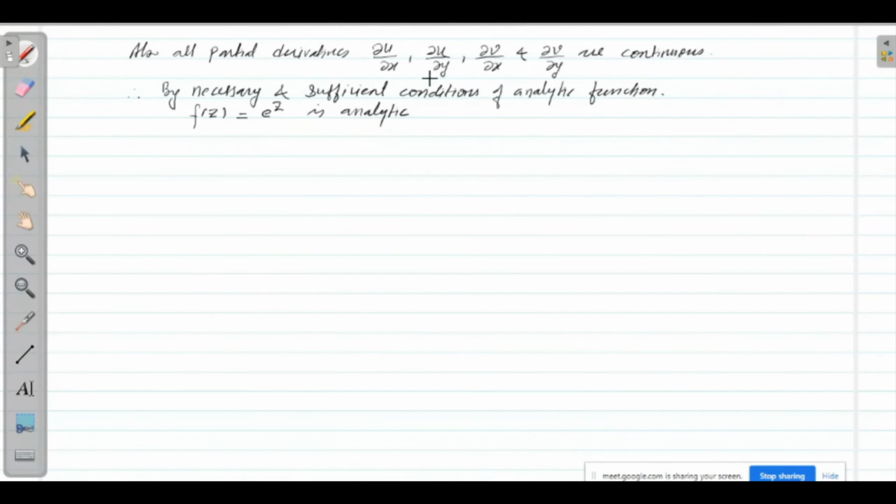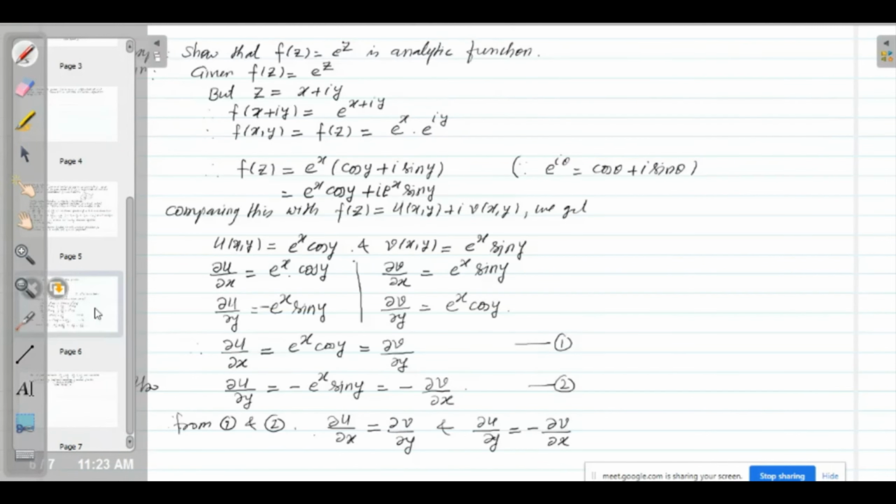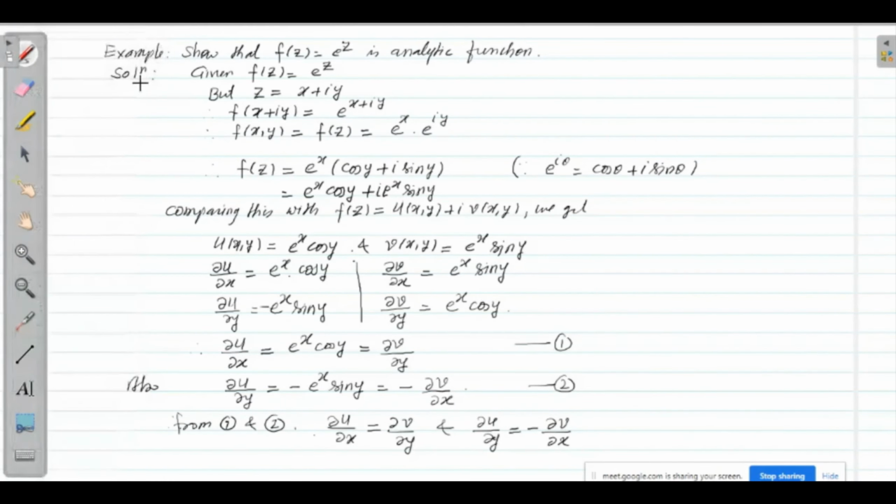Hence proved, it is an analytic function. So this is the simple proof that the function is analytic. I hope you understood how to prove this function is analytic.